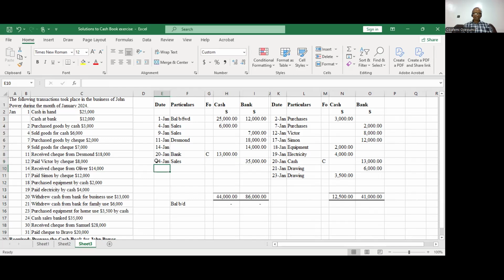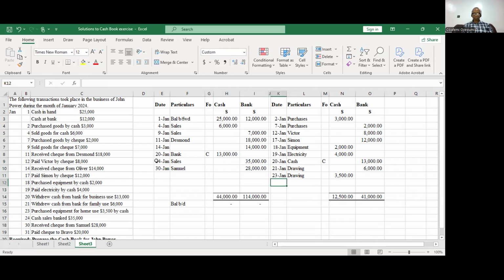35,000. So received check from Samuel on the 30th of January. So you're going to have Samuel as the person that paid. Check 28,000. So now paid check to Bravo.